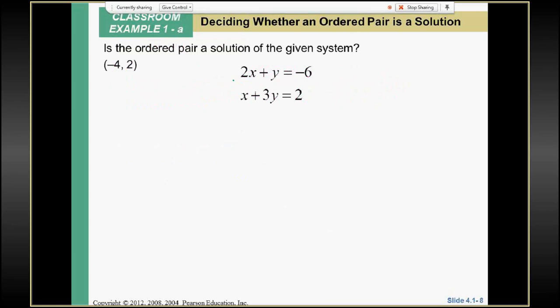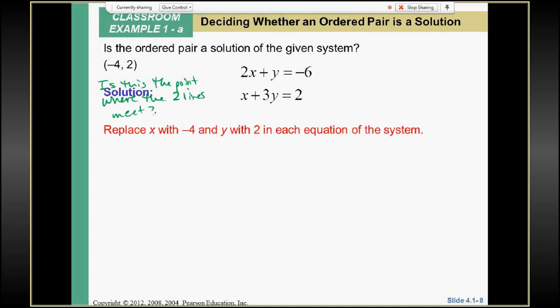Let's look at this first example. Now I'm going to go through the book's directions, so you're going to have to go through this a little bit fast. What you're basically asking is, is this the point where the two lines meet? So what you do is you substitute that point in both equations.